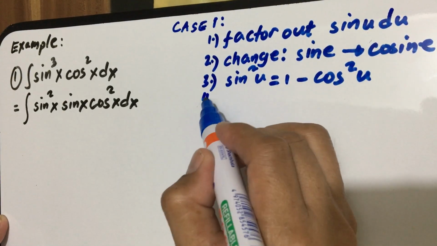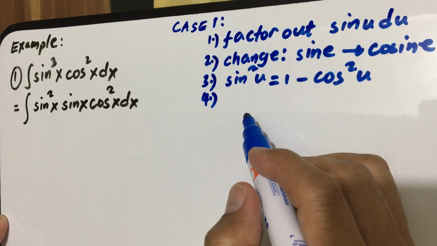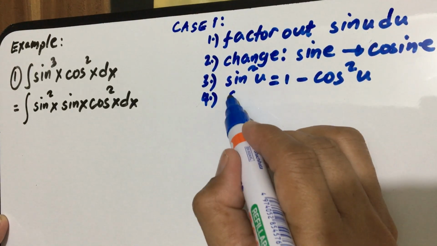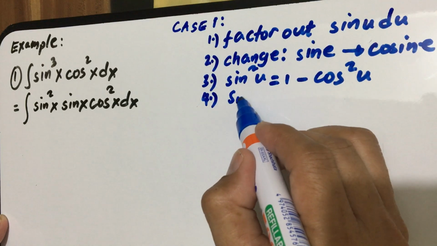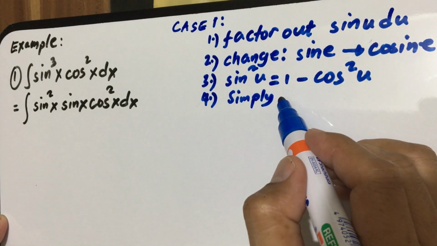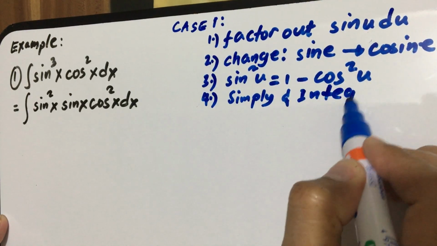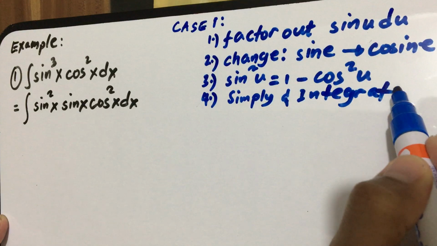Then number 4, we simplify and integrate using appropriate formulas. So I'm just summarizing it, class.